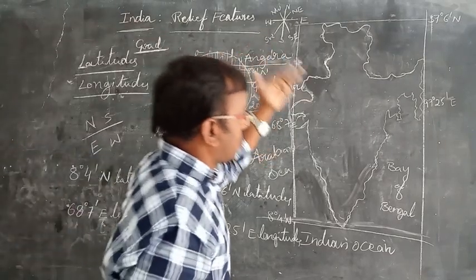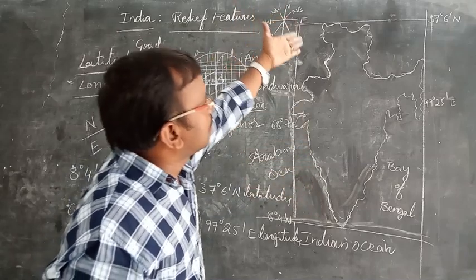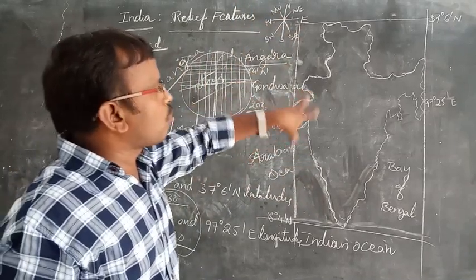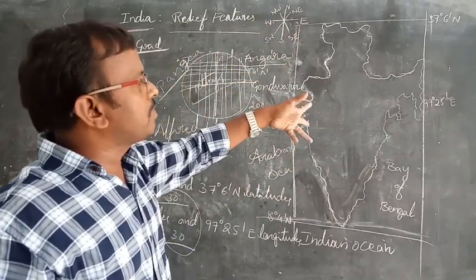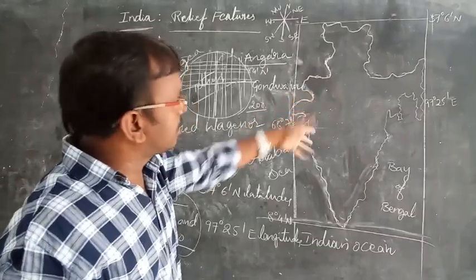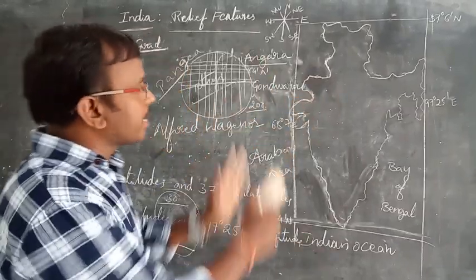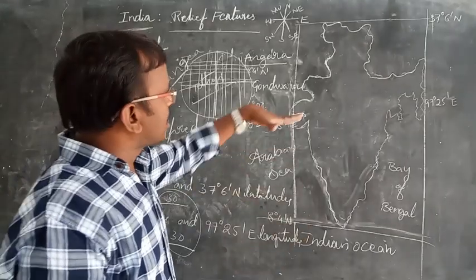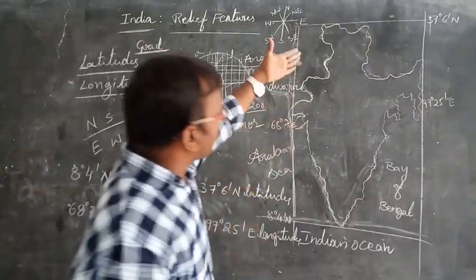Why? Because the South Peninsula and the North have different characters. All the distinctive relief features and characters are there in India because of its location. Climatic conditions are also of two different kinds, northern climate and southern climate.